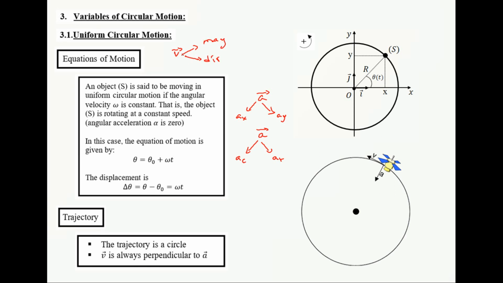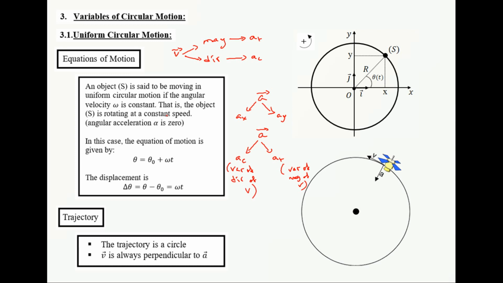So whenever we say that the velocity varies, it can vary in magnitude, in direction, or in both at the same time. The variation of the magnitude gives us the tangential acceleration, so this gives us a_t. The variation in the direction gives us a centripetal, so this is related to the variation of the magnitude of v, and this is related to the variation of the direction of v.